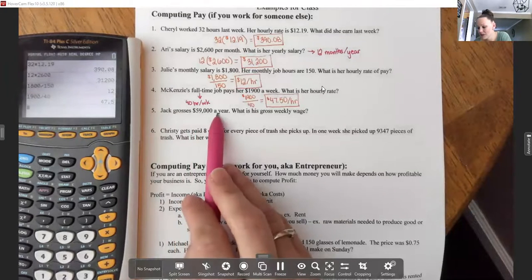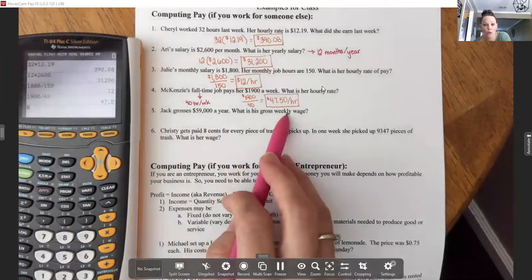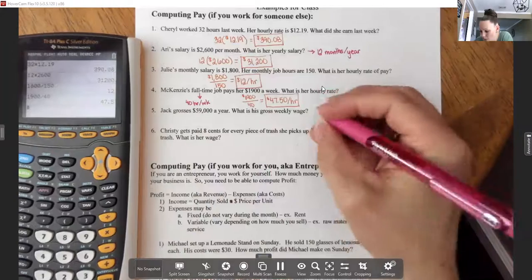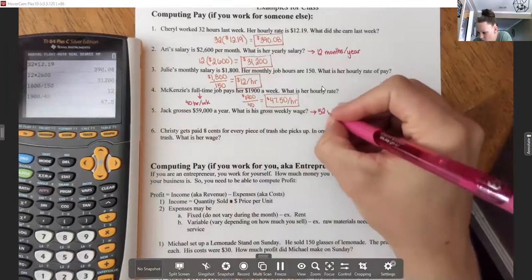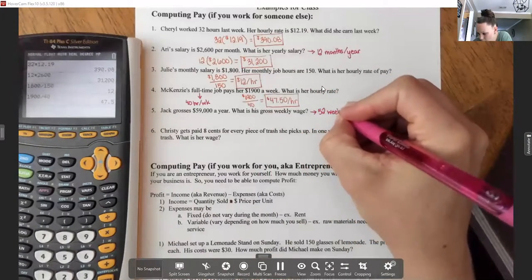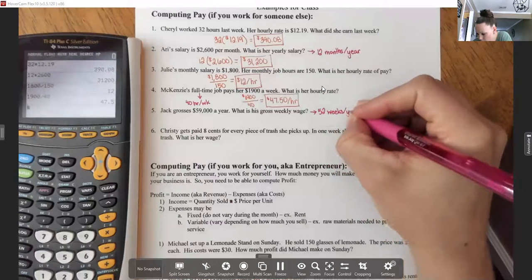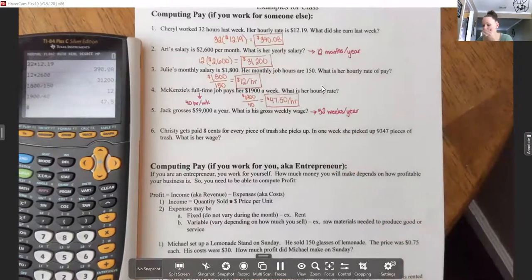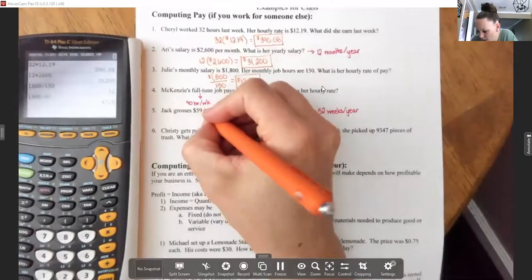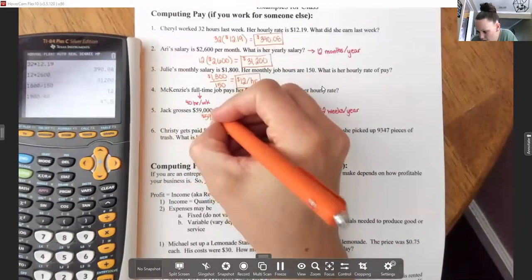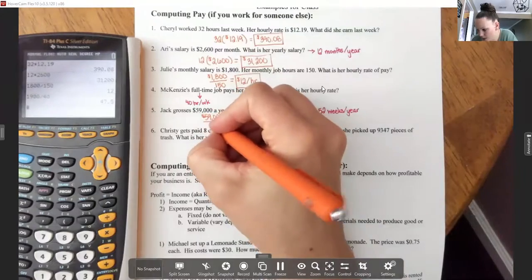So if this is how much he makes in a year, we want to know how much it is per week. What we need to remember here is that there are 52 weeks per year. So $59,000 divided by the 52 weeks per year.